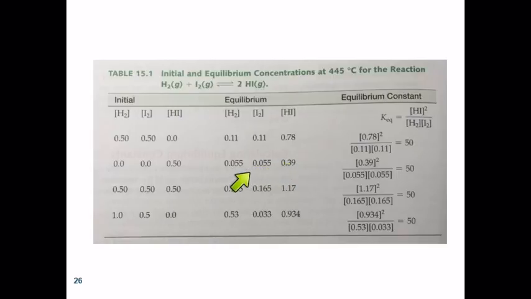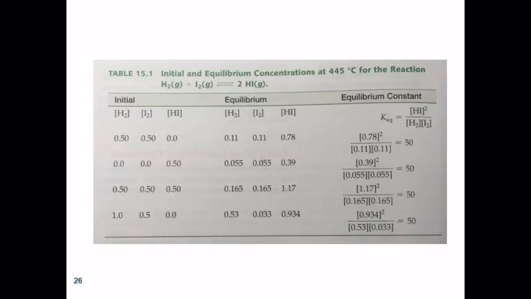They have to be measured. So if I plug these numbers in, I get 50. If we start with half a mole of each and let it go to equilibrium, measure the concentrations, plug those numbers in, I get 50. If I start with 1 mole of hydrogen, half a mole of iodine, no product, let it go to equilibrium, plug the numbers in, I get 50.